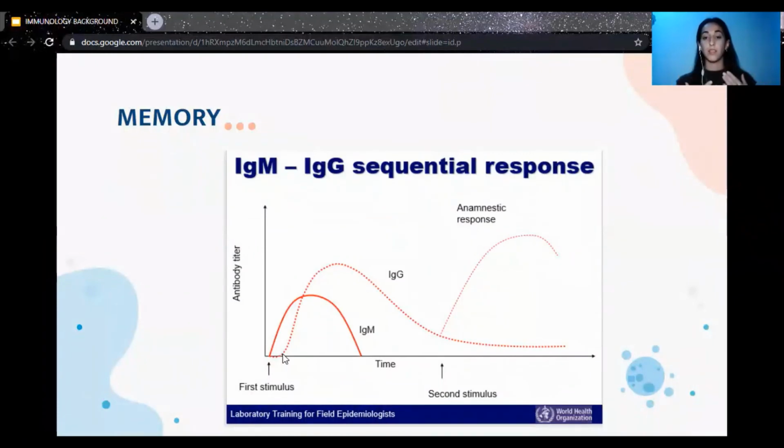Then if there is a second exposure to the same antigen, these cells that were in a waiting state are going to immediately secrete IgG again, or the specific antibody that was against that pathogen, creating a really rapid and quick response against the pathogen, avoiding the disease because it controlled the infection specifically and effectively.